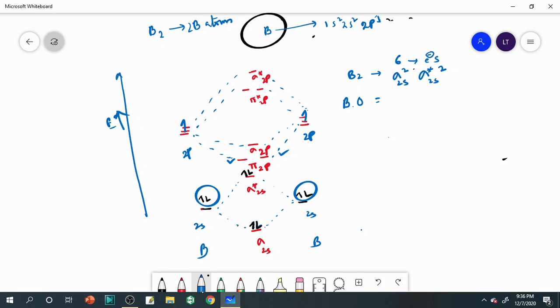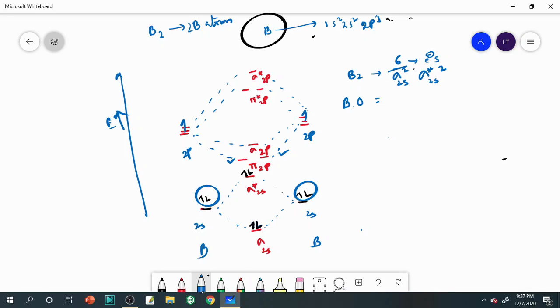So, altogether there are 6 electrons, and 4 electrons have already been put in the 2 sigma orbitals, that is sigma 2s and sigma star 2s. So, the remaining electrons is 6 minus 4, which is equal to 2.